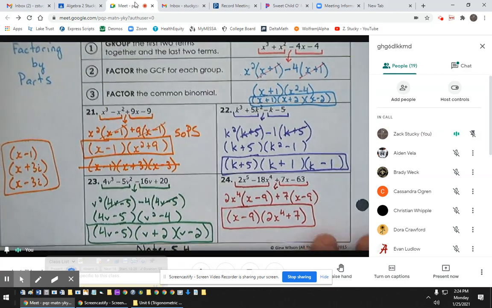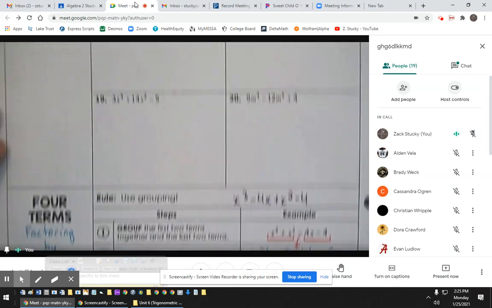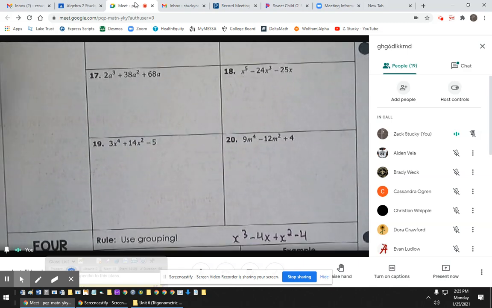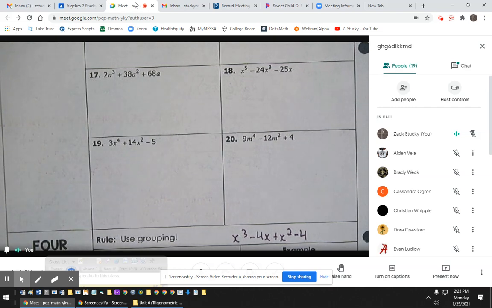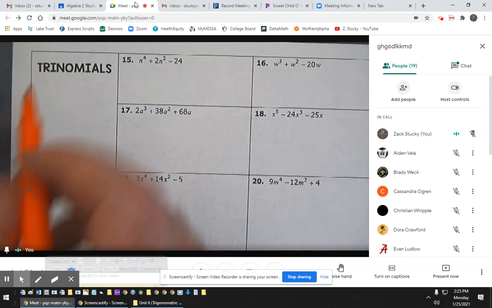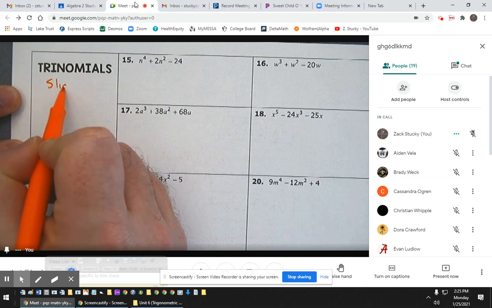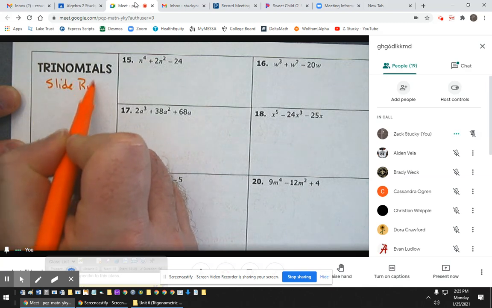Okay, I want to go back up and review. I know we won't have long. I think we'll just do one more example, but I want to review with you how to do the slide rule again. Come on now, we know how to do that. Not everybody does.